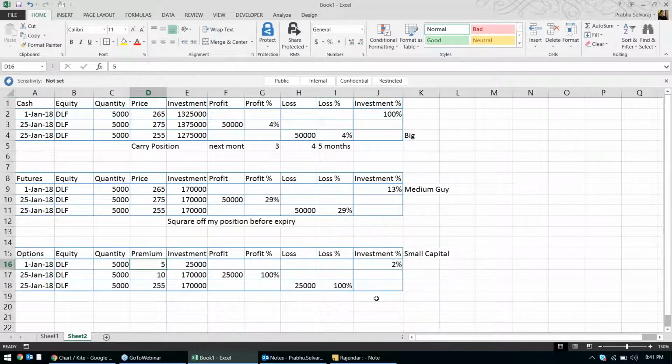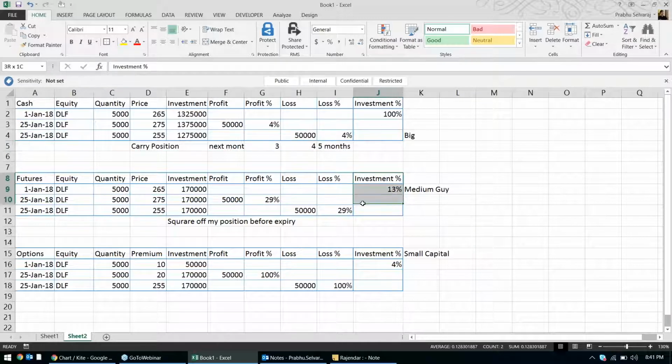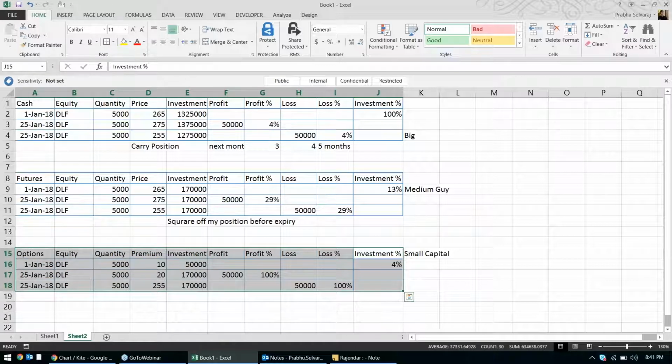Maybe we can take this as 10 rupees also, 50k investment, and we can make it 20, 50,000 profit. Okay, this is much clearer. You need 100% of capital in cash to make your investment. To get 50k profit, you need only 13% of your capital in futures to make the same amount of profit. You need only 4% of your capital to make the same amount of profit in options.